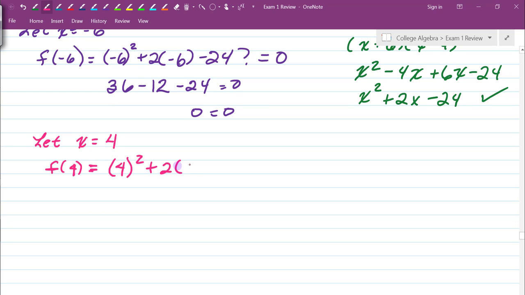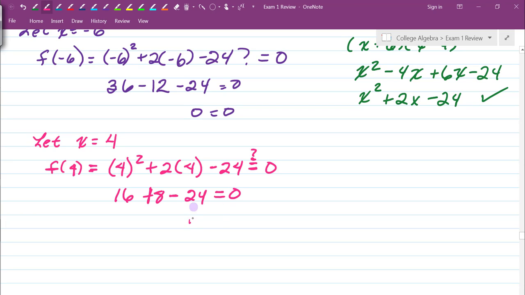And the question is, does that equal 0? So we end up with 16 plus 8 minus 24. Does that equal 0? Sure does. 0 equals 0. So we check that off.